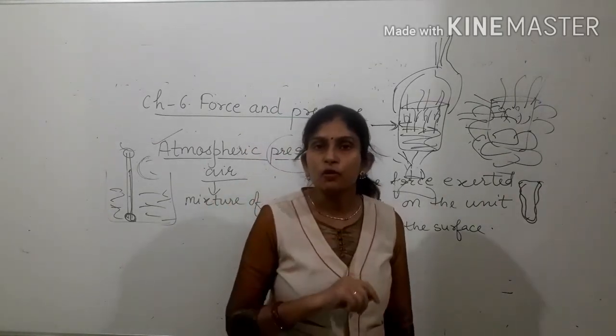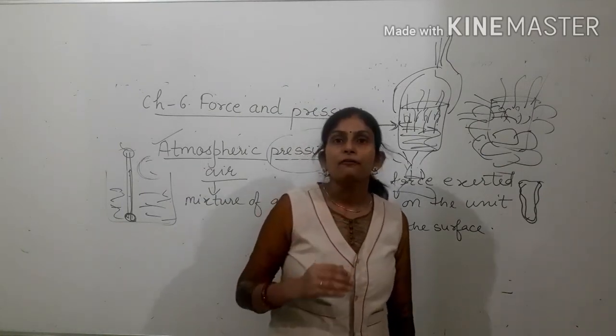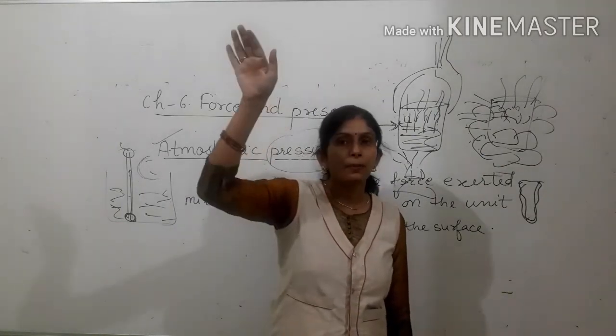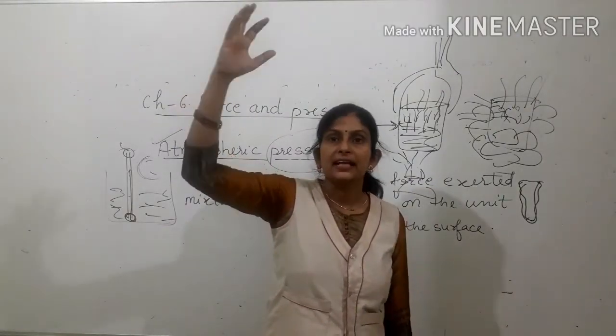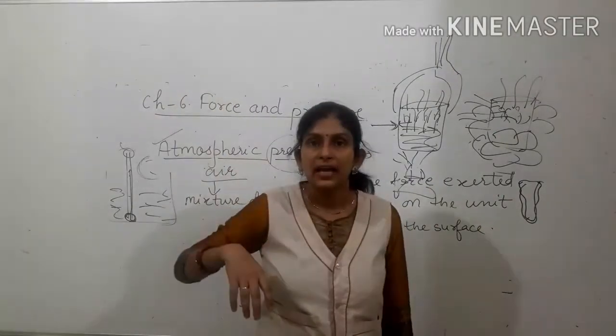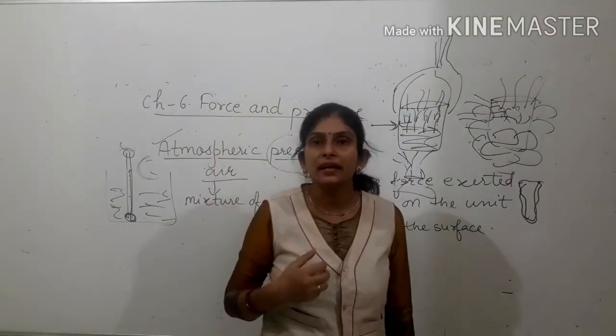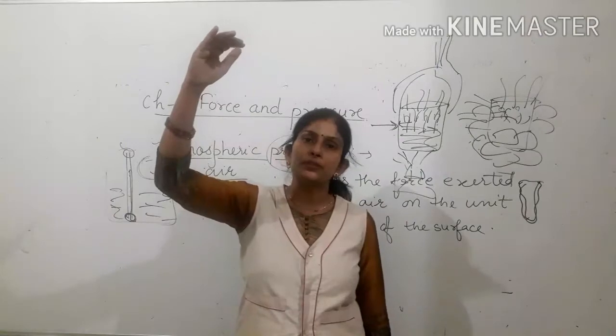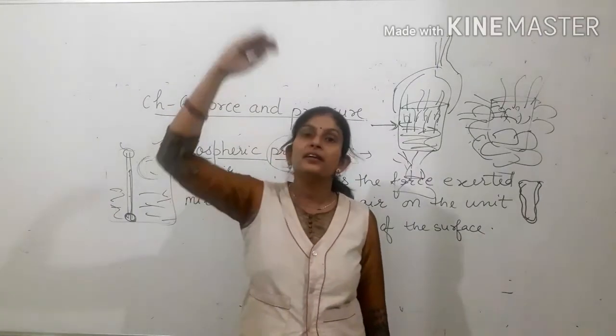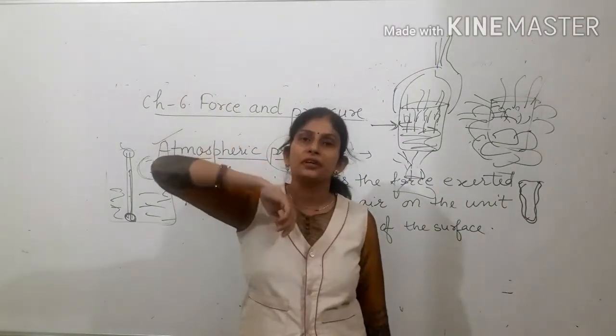And you must have noticed that when we are in an aeroplane at high altitudes, at great heights, then we generally have bleeding in our nose. Why? Because at high altitudes, air decreases. So air pressure decreases.